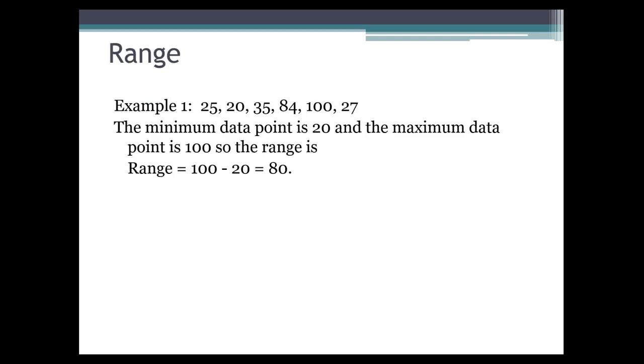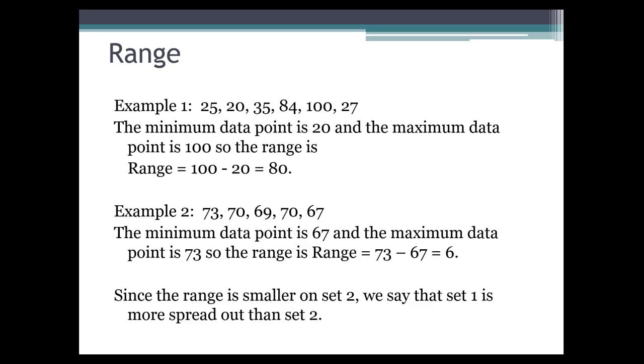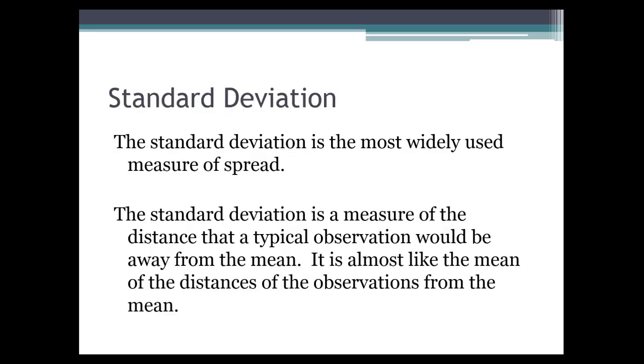So in this data set, the smallest data point is 20. The highest data point, not the tallest, the highest data point is 100. So 100 minus 20 is 80. In this second data set, our range turned out to be 6. So in that sense, we would say that the first data set is more spread out than the second data set.